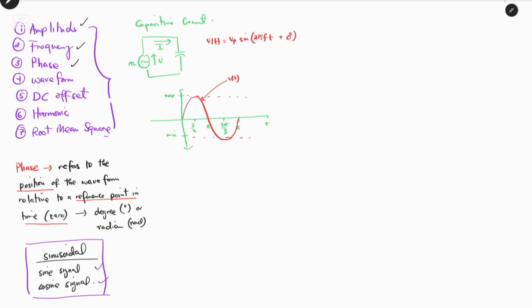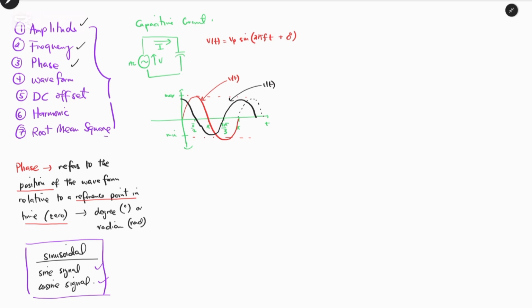And what will happen to our It? We can do a little bit of extension, and now we will look at the It, which is the current through the circuit. And this now becomes our It.